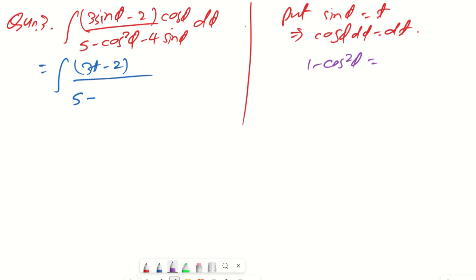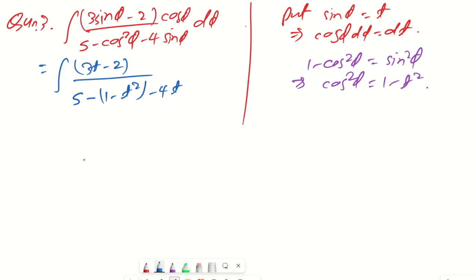So cos square phi is equal to 1 minus sin square phi, that is 1 minus t square. So in place of cos square phi I can write 1 minus t square. So we write 1 minus t square minus 4t and dt, because cos phi d phi is equal to dt.